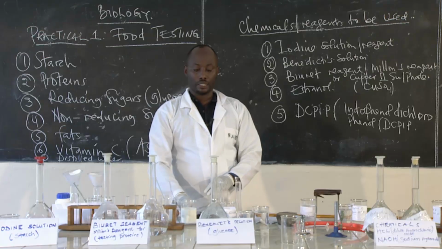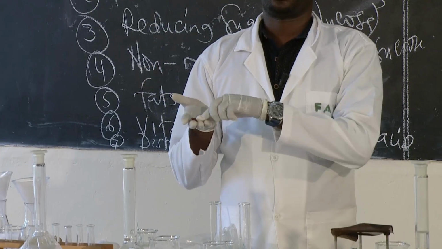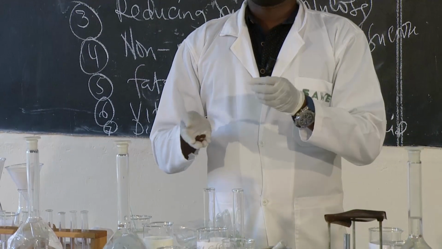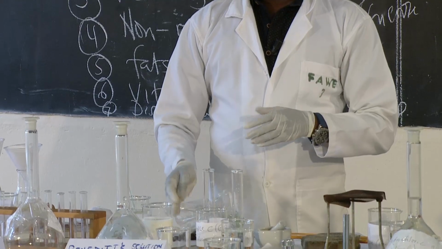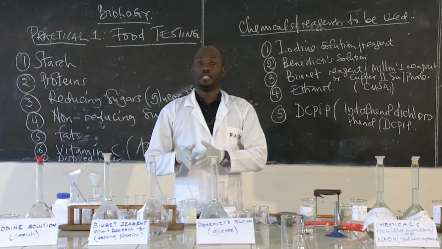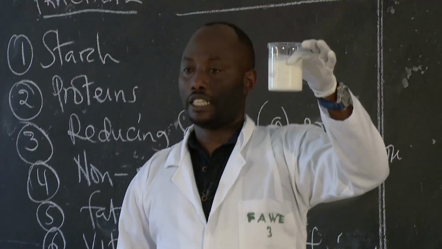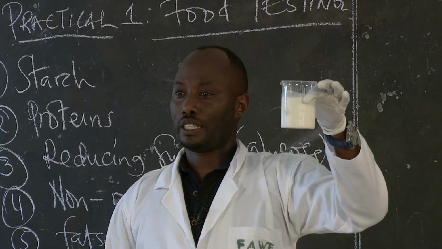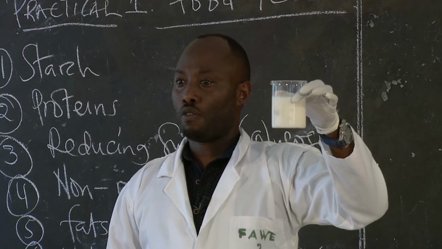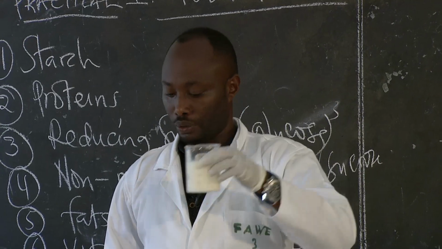I have some cooked beans, and I'm going to use them also to show that beans contain proteins. I have milk. I think everybody takes milk; it is a body building food. People who lack milk suffer from kwashiorkor.